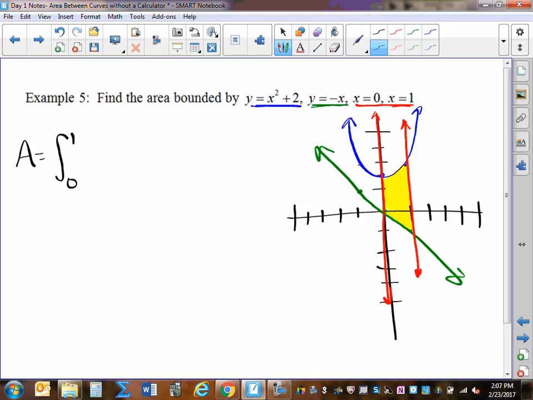And then again, we want to do top function minus bottom function. So which one is my top function? Good. The x squared plus 2. And from there, I want to subtract my lower function, which would be negative x.